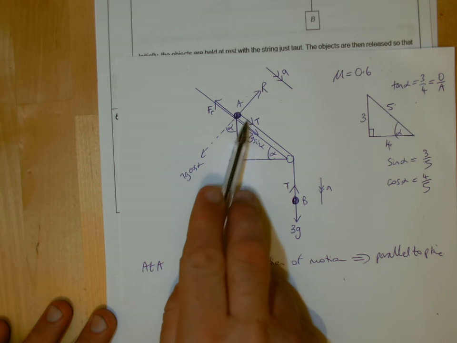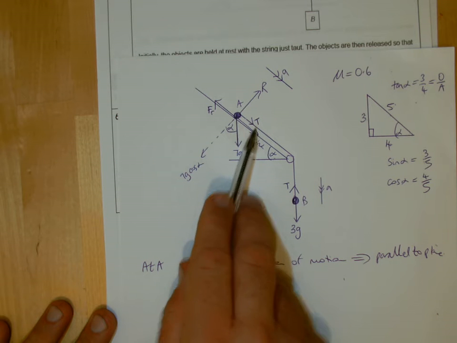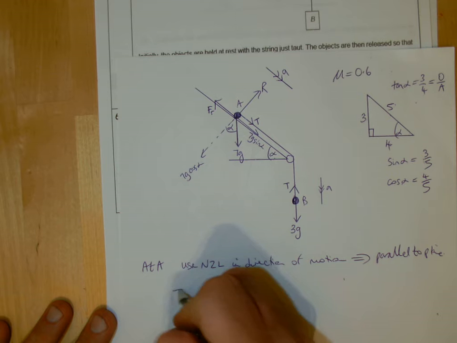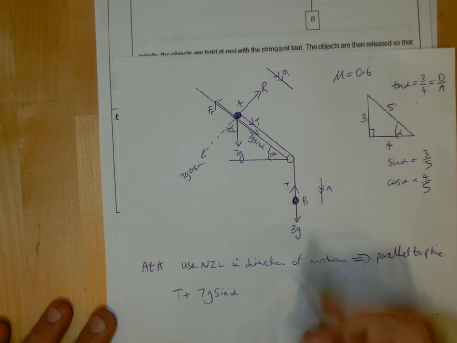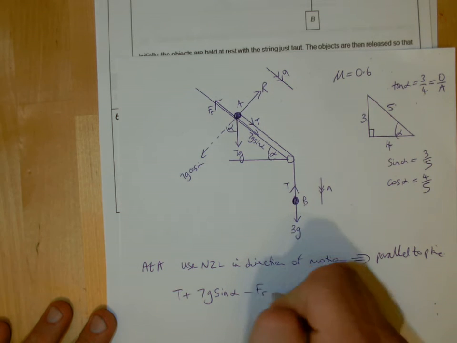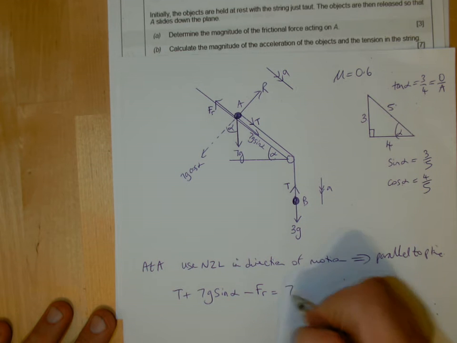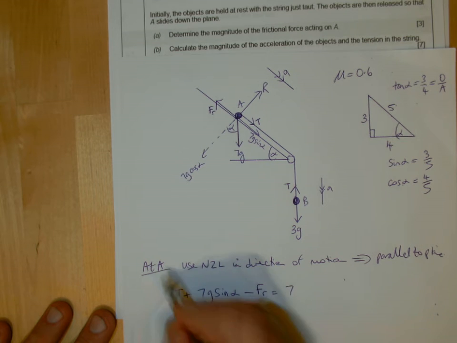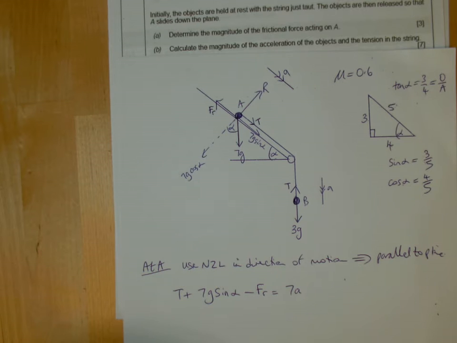So we've got the tension pulling this object down, plus the weight component taking the object down, and then the friction is opposing it. That equals the mass of object A, which is 7, times the acceleration, resolving parallel to the plane.